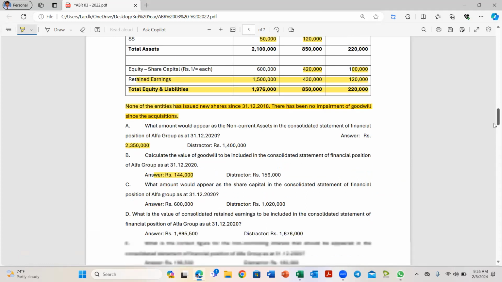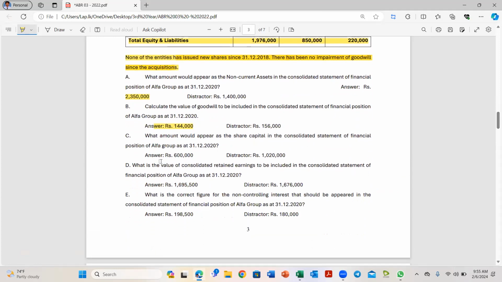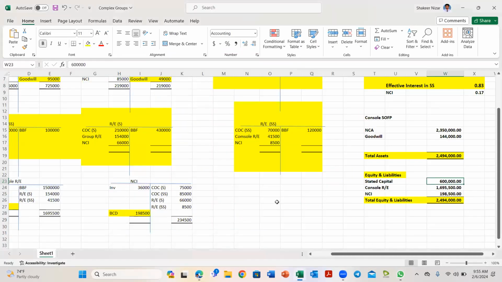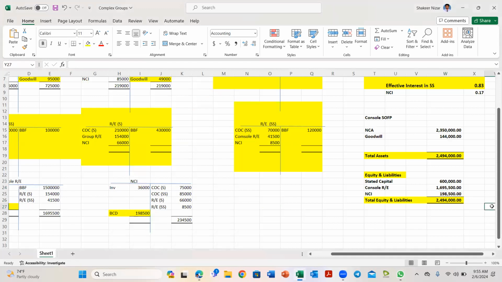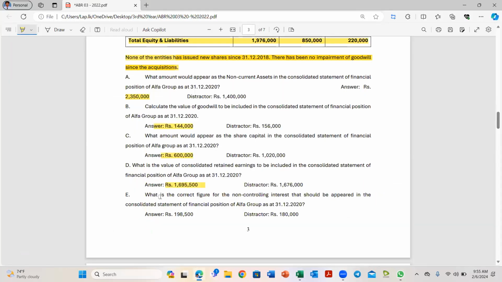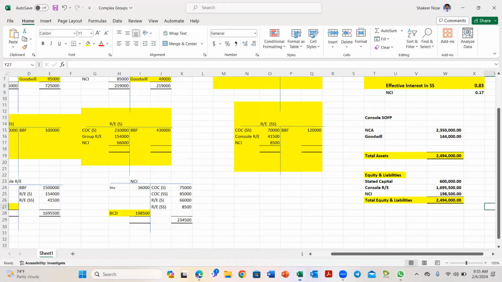Next, it asks what is the amount appearing in the share capital, that is the parent portion, 600,000. No need to even calculate that. What is the consolidated retained earnings? 1,695,500. That is there. What is the NCI? 198,500. That is there. That is the end of this question. Thank you.